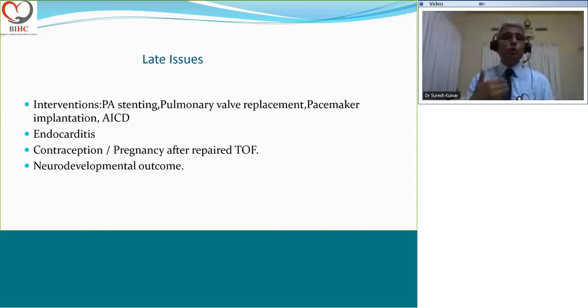They may be candidates for an automatic implantable cardioverter defibrillator. They could get endocarditis. And these are adult women, so they would have issues with contraception and pregnancy after repaired TOF. We are going to discuss that. And the neurodevelopmental outcome needs to be assessed.